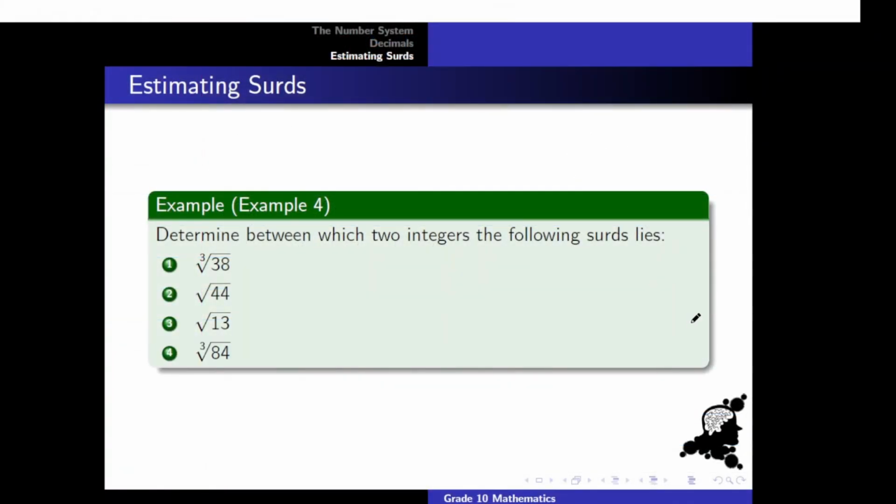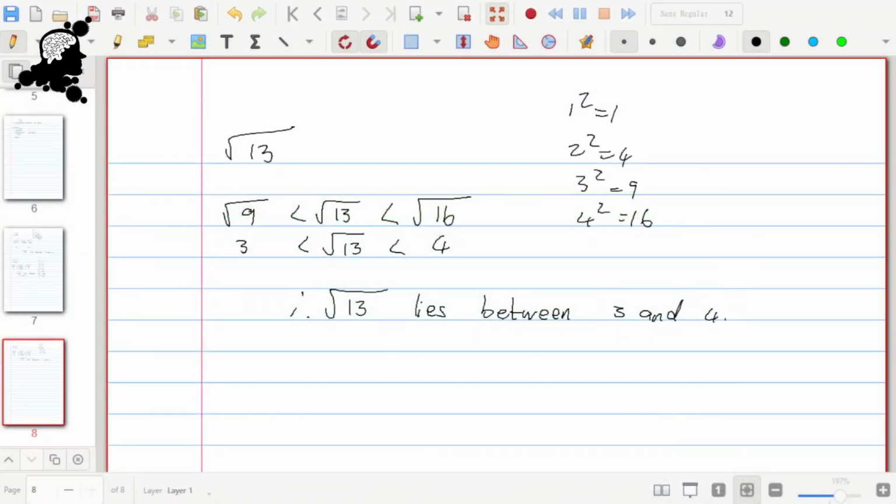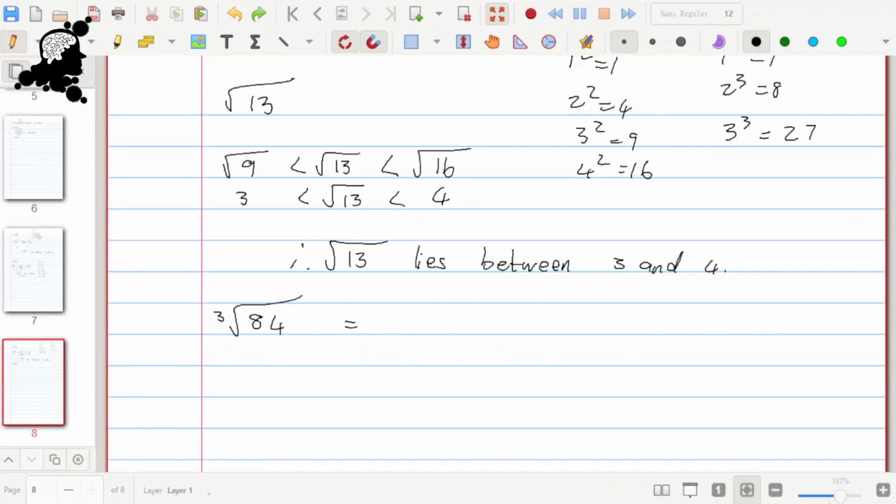All right, let's look at our last question for this presentation, the cube root of 84. So, we're looking at a cube root here. Since we're looking at a cube root, we need to look at perfect cubes.